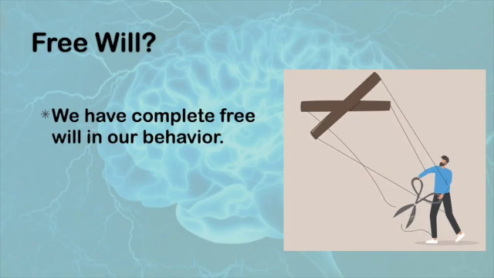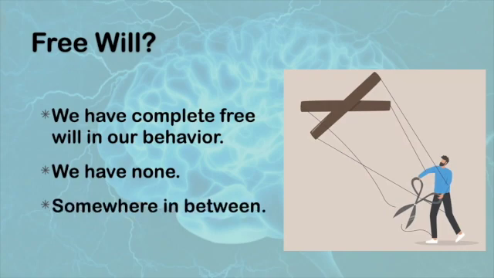We have complete free will in our behavior, we have none, or we're somewhere in between. Sapolsky's answer to the above question is that free will moves to the forefront with decisions that are slow and deliberate, whereas biological factors may push free will aside in split-second decision situations.